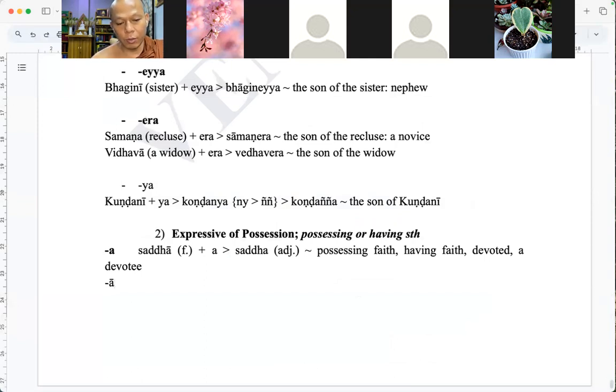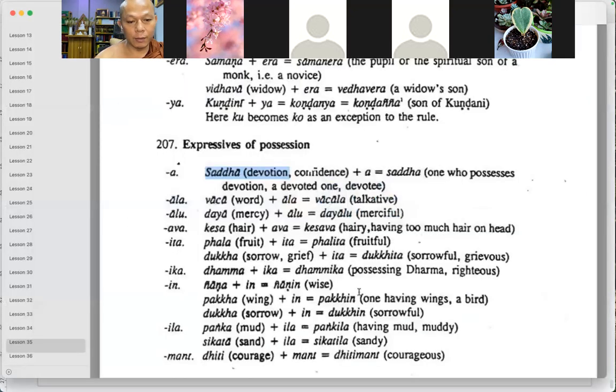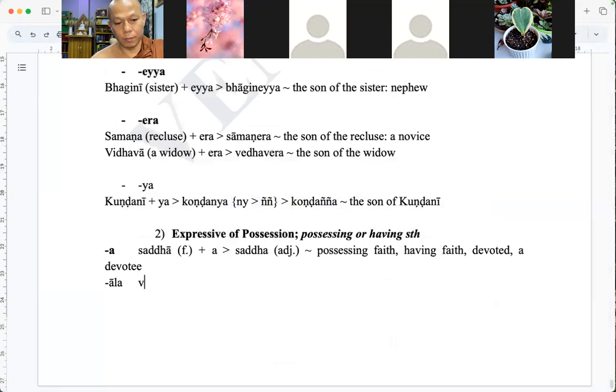And then the next one is ala. So with the ala, the word vaja. So vaja is also actually feminine gender. So means words or speech. Okay. So after that, the ala. So we have vajala.